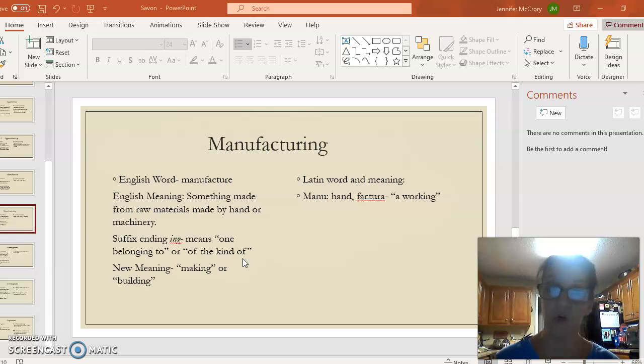I'm sorry, that's a little tongue twister there. And so our new meaning is making or building of something, okay? So you notice that our meaning also has the suffix ing on it. So when we're manufacturing, now I know that, okay, I'm in the process of actually making something or building something. So I'm manufacturing that.